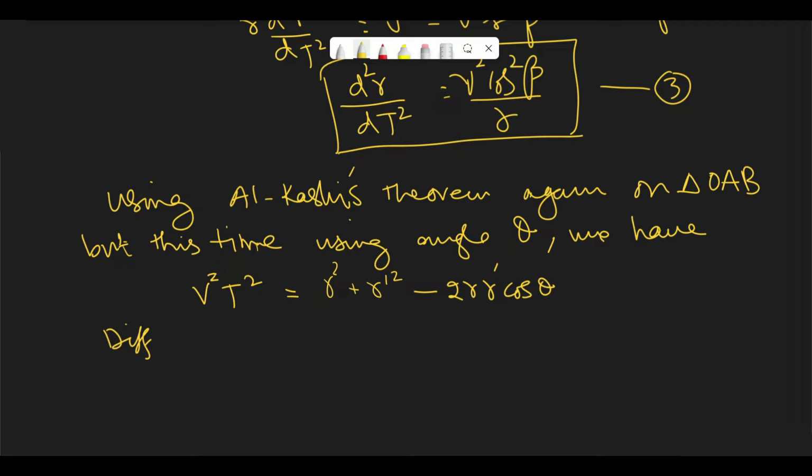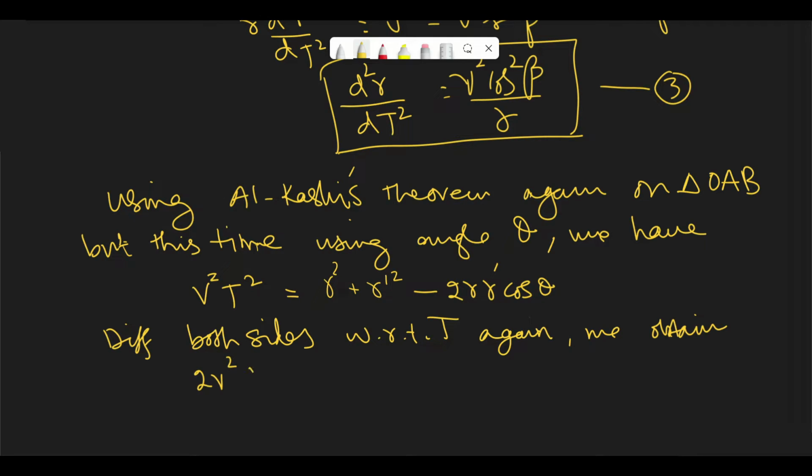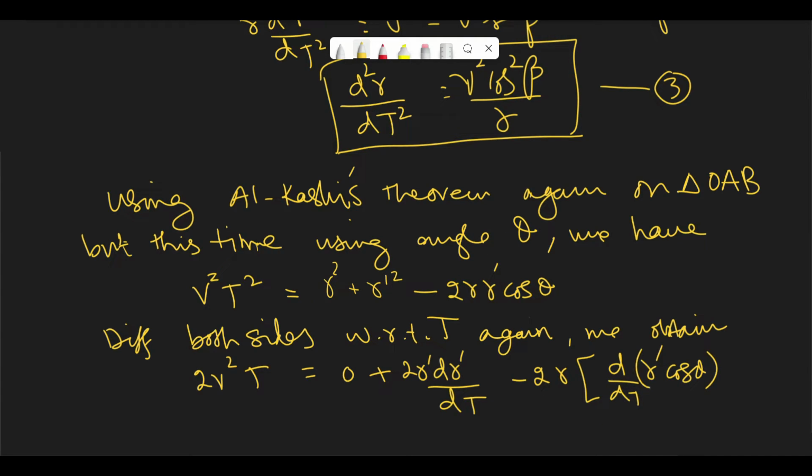Okay, differentiating both sides with respect to t again, we obtain 2v square t is equal to 0 plus 2r prime dr prime over dt minus 2r d by dt of r prime cos theta.